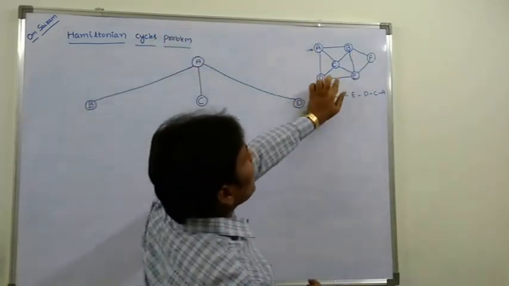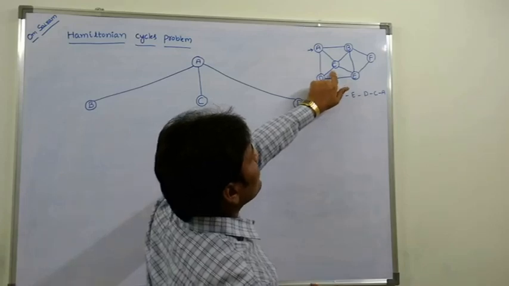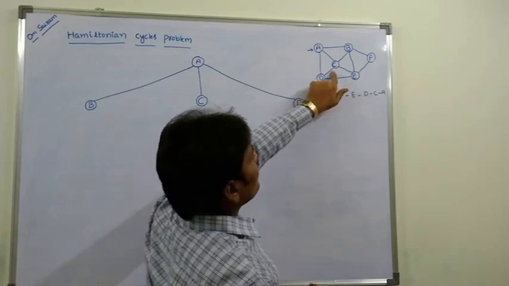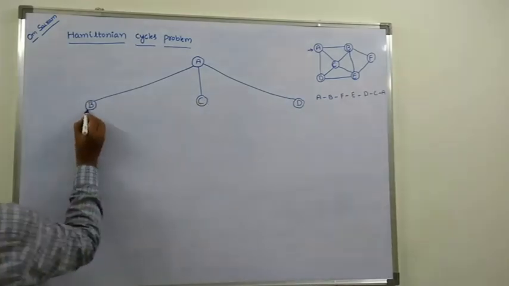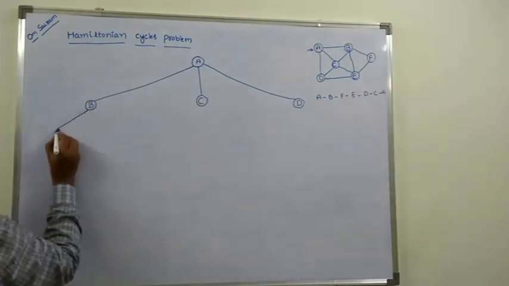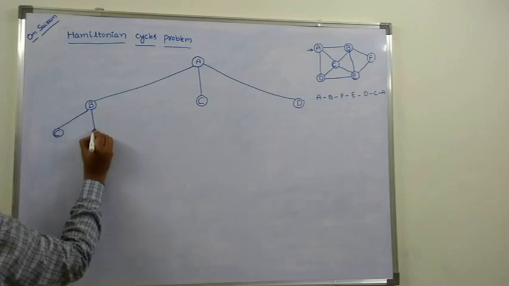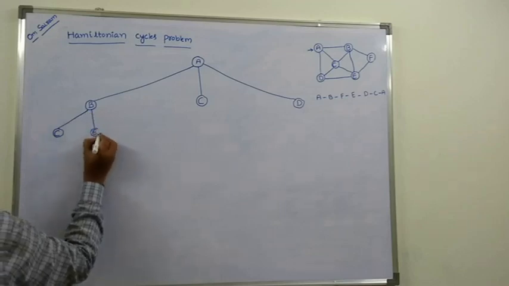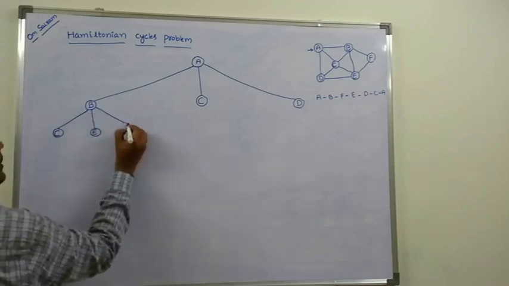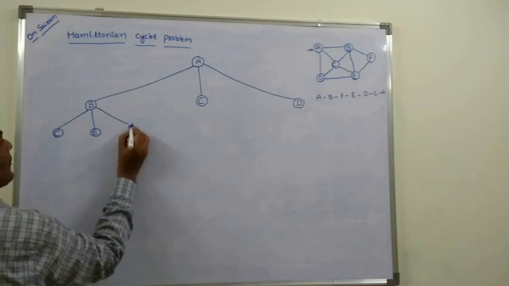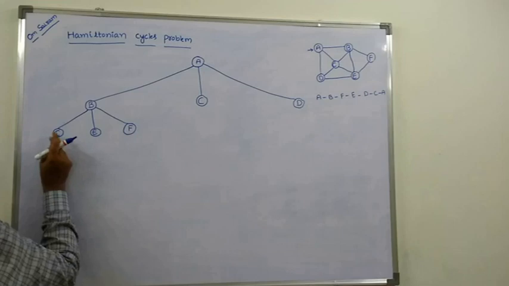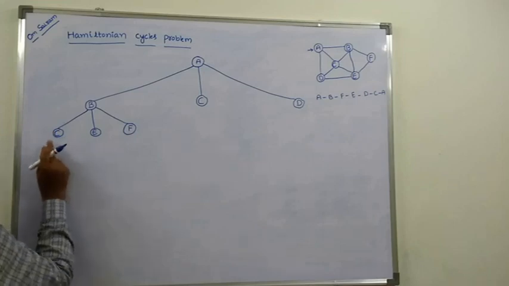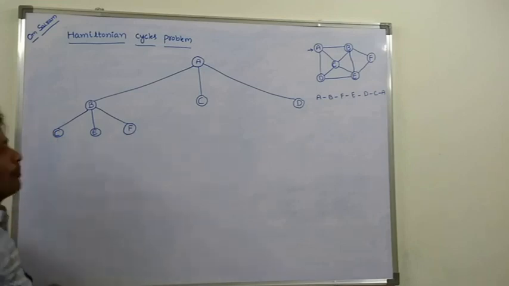So the remaining adjacent vertices for B are C, E, F. Next we go for the leftmost node, that is C.